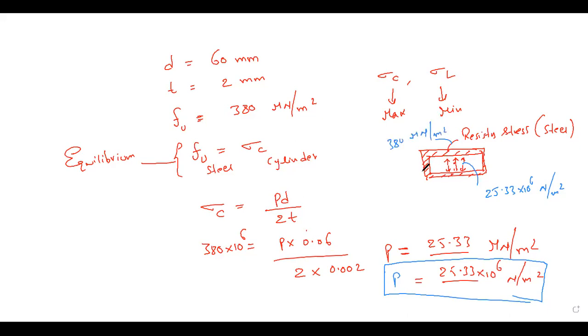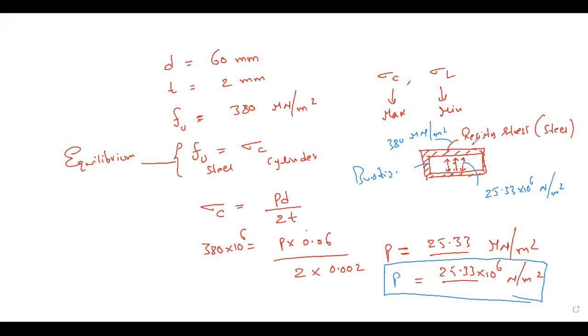Then your cylinder won't get burst. If the pressure is more than 25.33 into 10 power 6, say, there is a possibility of burst in this material, the steel cylinder may get burst.